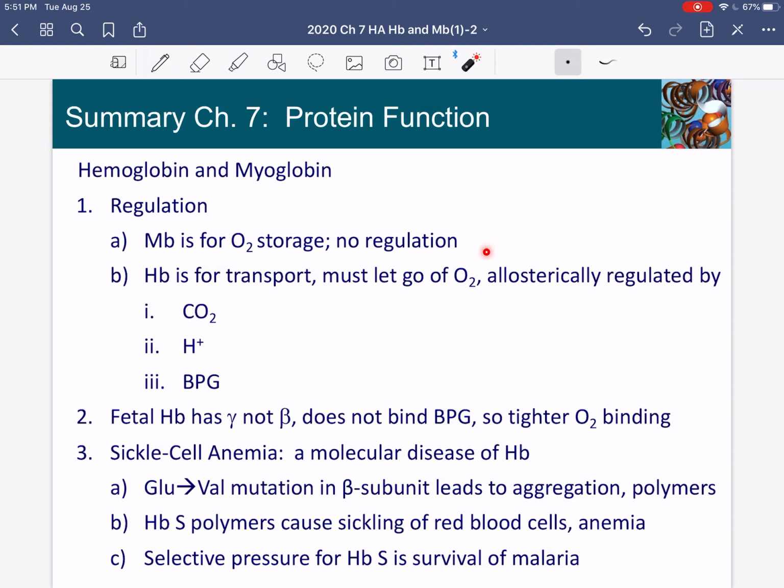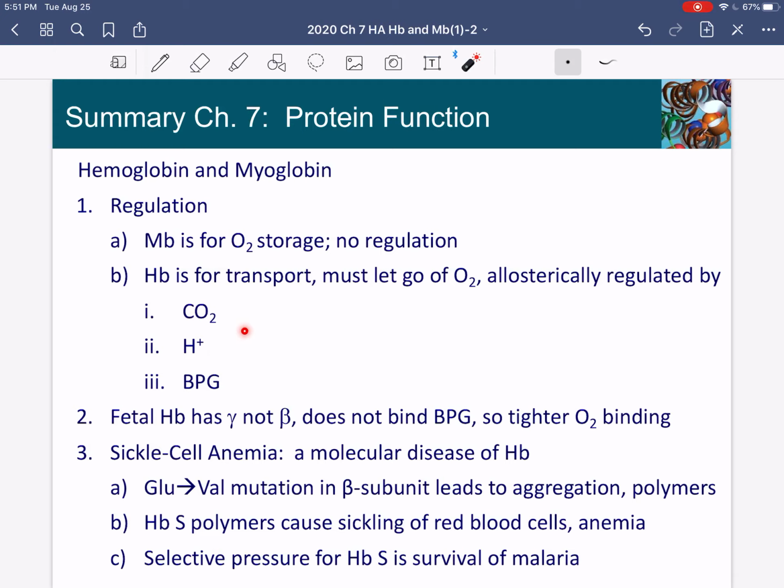Myoglobin, again, this is summarizing what we just learned, is an oxygen storage protein. There is no regulation. It's a monomer. It doesn't have cooperativity. It doesn't have allosterism. Hemoglobin is for oxygen transport, so it has to let go of it, and it's helped along by allosteric regulators, carbon dioxide and protons.